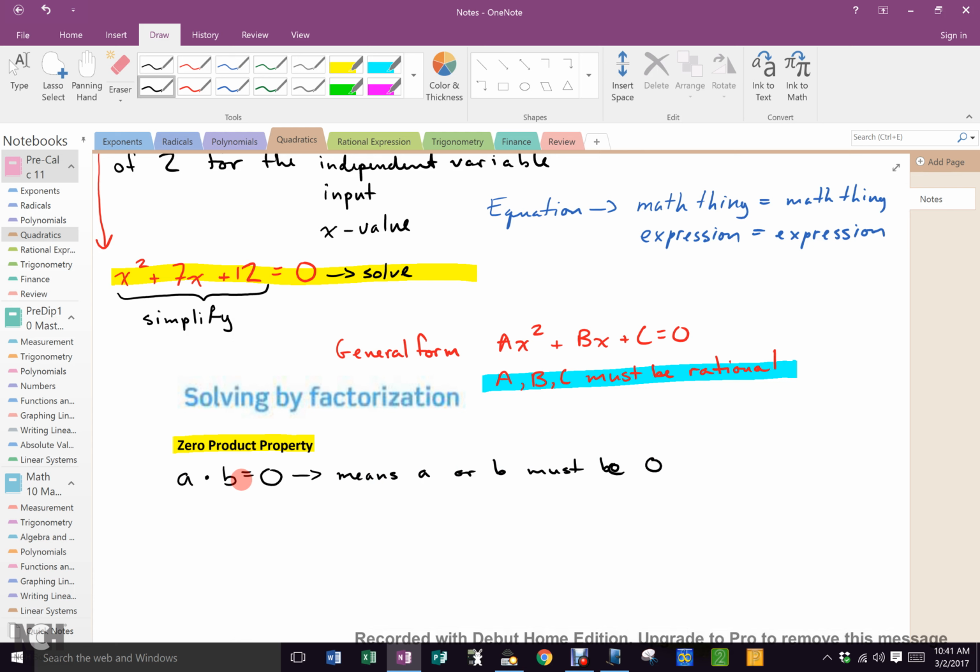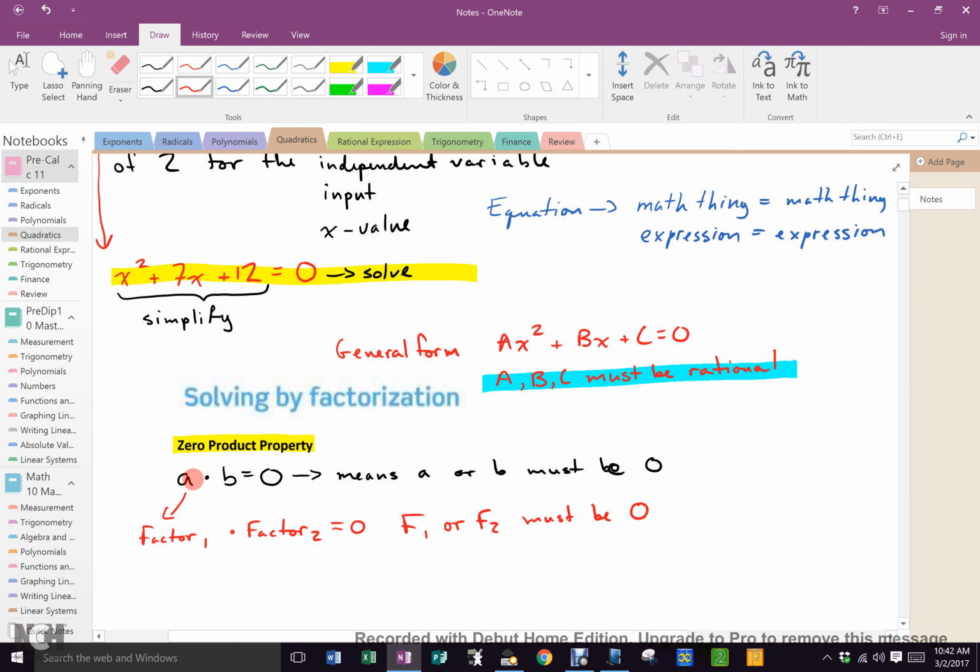So what that is saying is if I have factor 1 times factor 2 equals 0, then either factor 1 or factor 2 must be 0. Does everybody follow that step of logic?